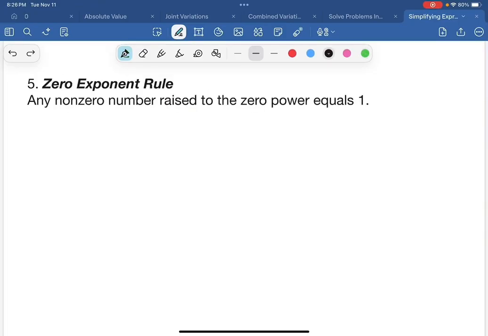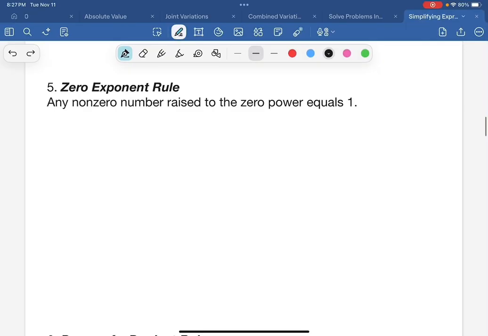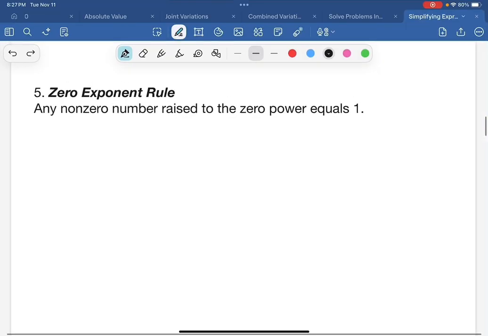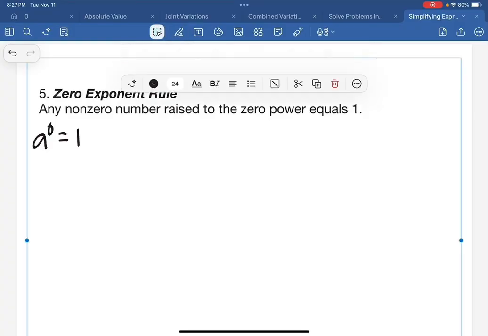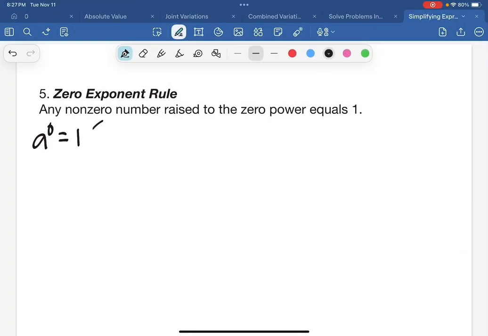Next, we have the zero exponent rule, in which any non-zero number raised to the 0 power equals 1. So a raised to 0 equals 1, for any non-zero a.